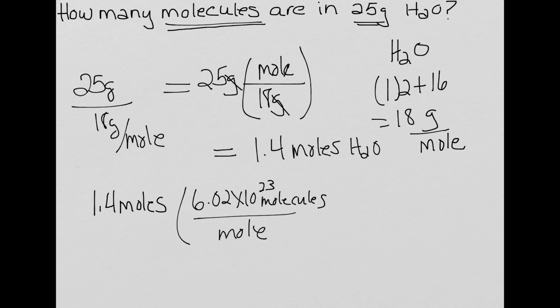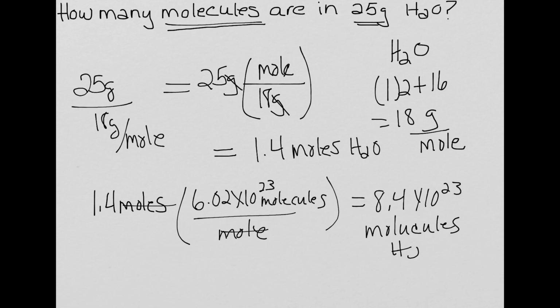And using our factor label method, our moles cancel out and we're left with molecules, which is exactly what we want, which is 8.4 times 10 to the 23rd molecules of H2O. And that's our answer.